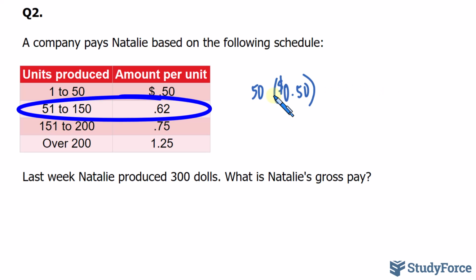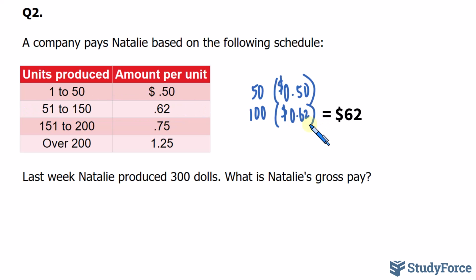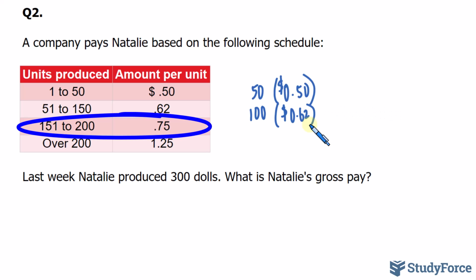Then, for the next 100, leading to 150, she gets paid 62 cents per doll. So far, we have calculated up to 150 dolls, and we still have 150 left. From 151 to 200, she gets paid 0.75.